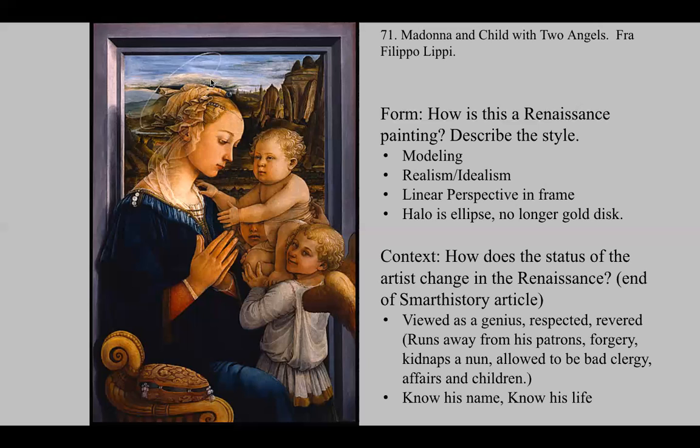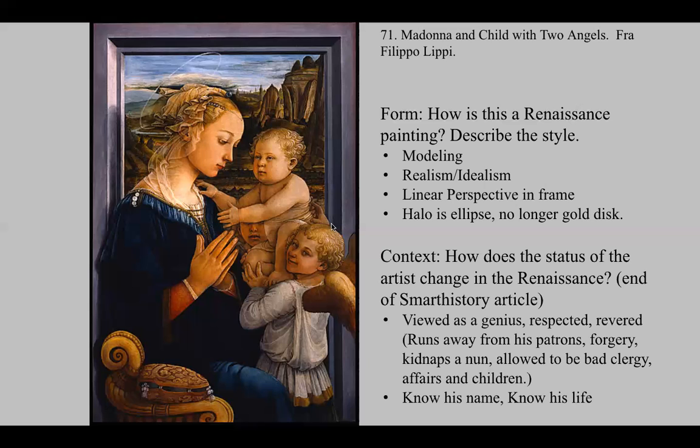And then the halo here feels more like a real halo than a symbol of a halo. So instead of being a circle that's flat, it's an ellipse, and it even has light and shadow to it. And so it feels like it's going back into space and coming in front of her head, right?